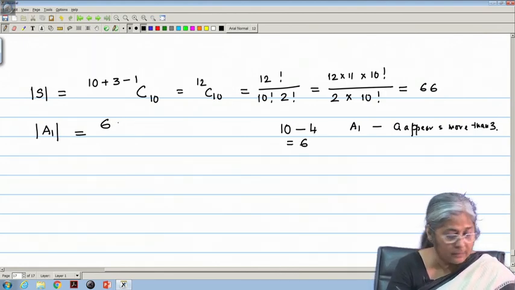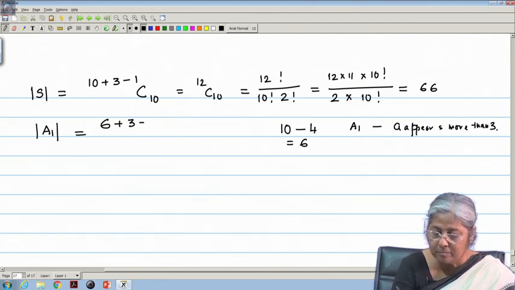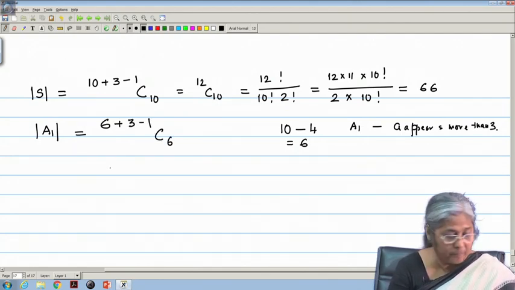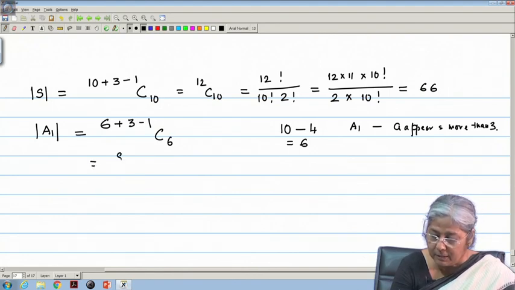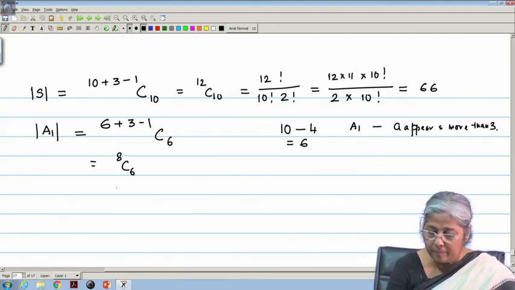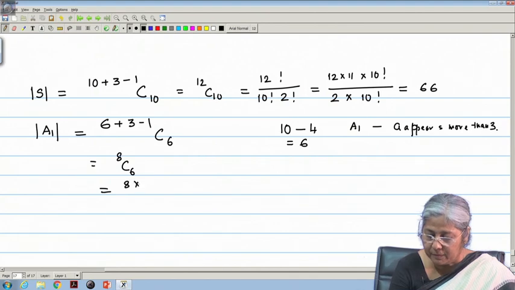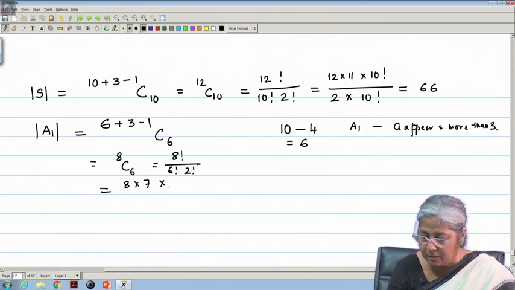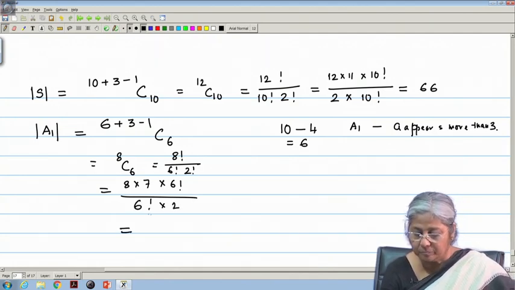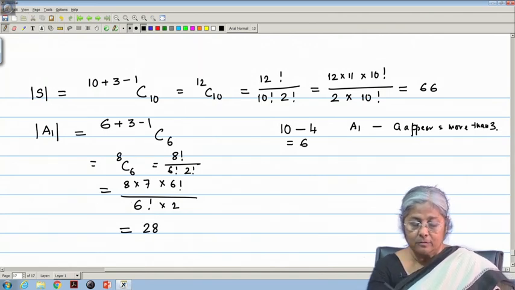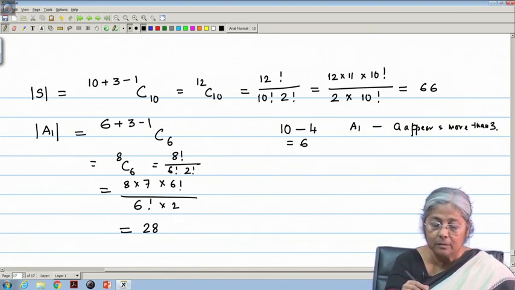So, I am taking 6 plus 3 minus 1 C6, and this becomes 8 C6, which is 8 factorial by 6 factorial into 2 factorial. So, 8 into 6 factorial divided by 6 factorial into 2, and this becomes 28.